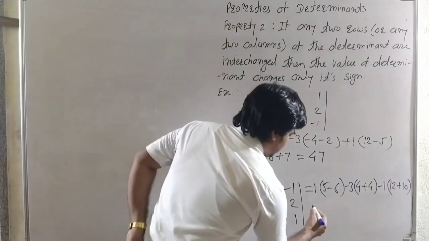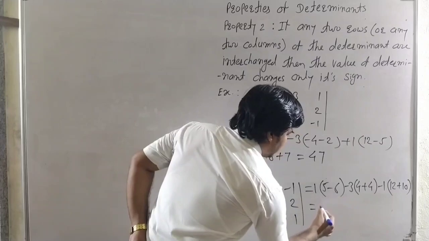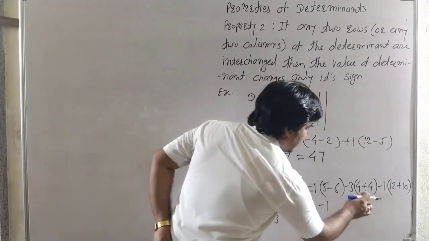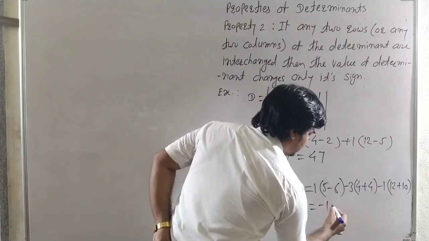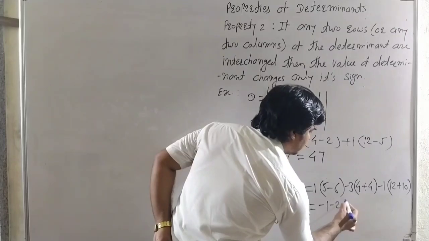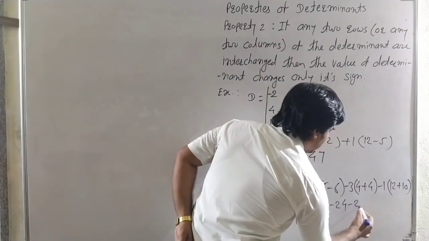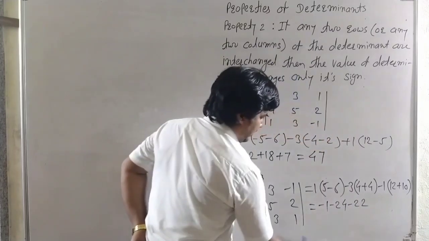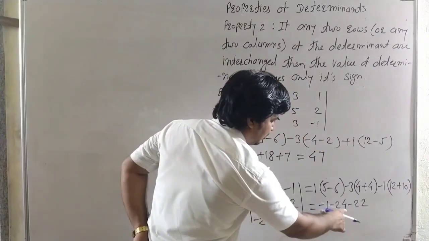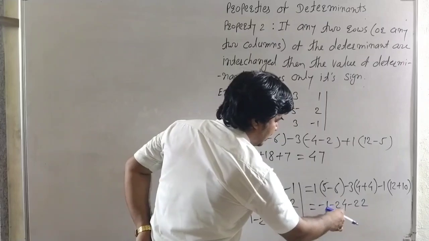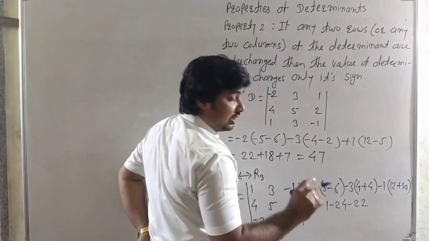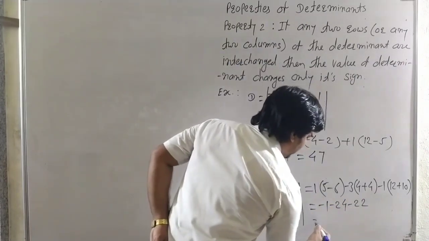See carefully, now we calculate this. It is -1; here it is 8 into -3, that is -24. And here it is 22, that is -22. Now -1 -24 is -25, and -25 minus 22 is -47.